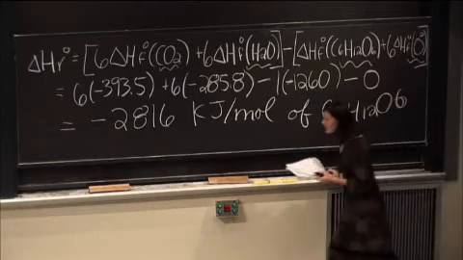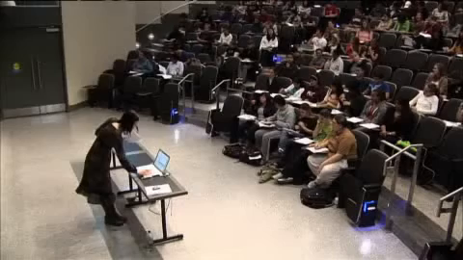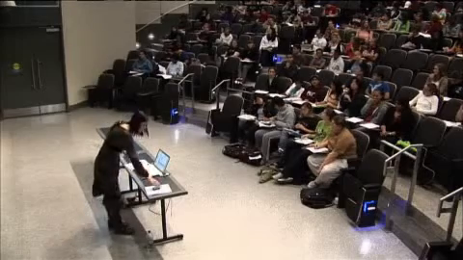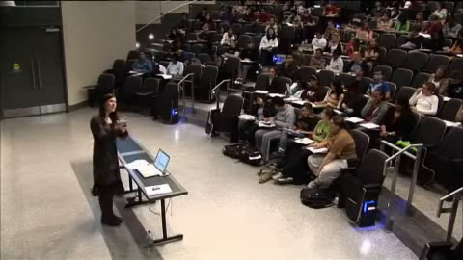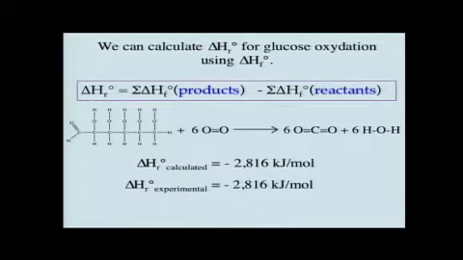All right, so let's see how this matches up, and hopefully you can actually remember that this matches up perfectly here. So what we're going to see is that, in fact, what we calculated versus what is experimental is dead on the same.